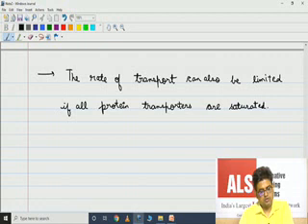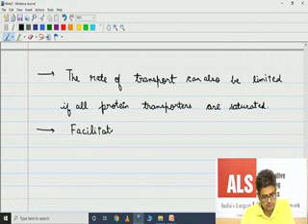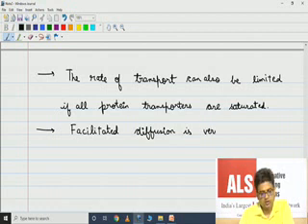If they are saturated, then the rate of transport will be limited. Next you can write: facilitated diffusion is also very specific. It cannot allow everything. It is very specific.